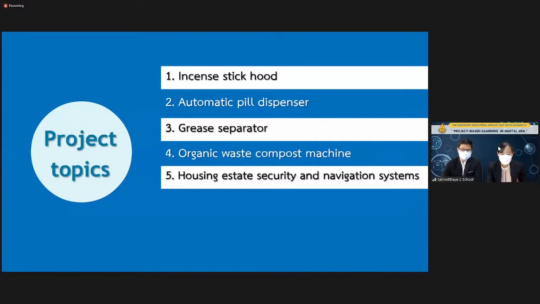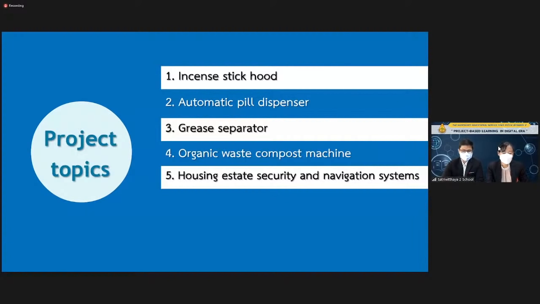Number 5, the housing asset security and navigation system. This innovation is a system for guiding non-resident people to the home they are visiting and alerting them when leaving the house estate.